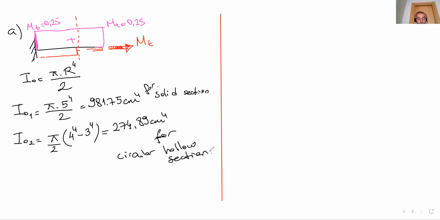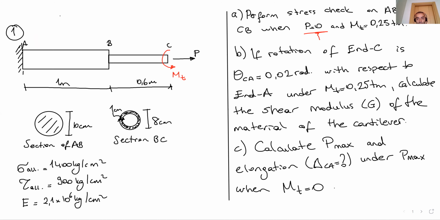Okay, now what we will do, we will do a stress check. So what kind of stress are we going to deal with? In question A, it says there is only torsional moment.